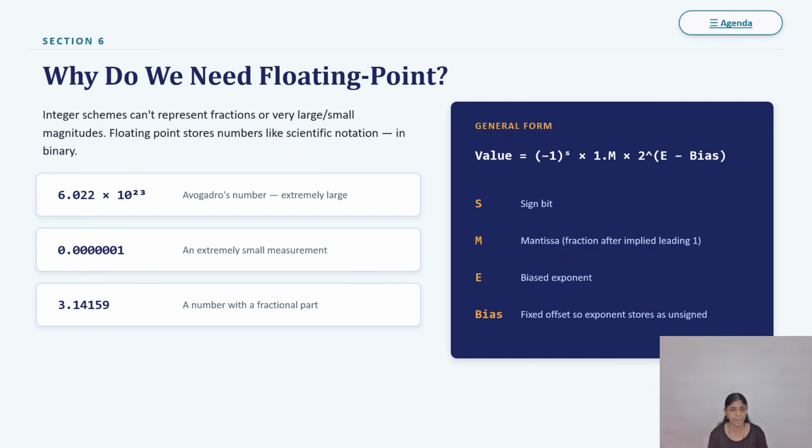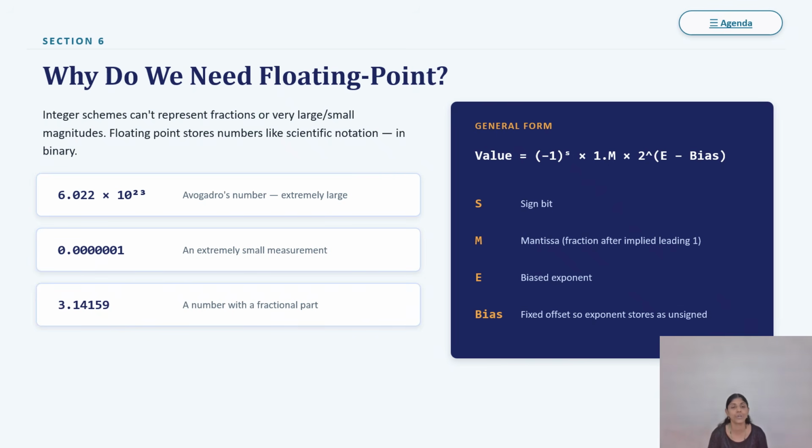I have given you some examples here. You can check over here. The first example I have given is 6.022 times 10 power 23. See here, 6 is the integer part, 0.022 is the fractional part, the floating point, and times 10 power 23 is the exponential.